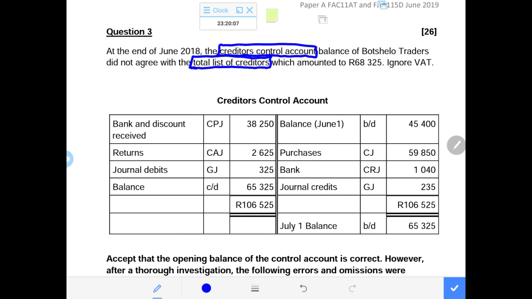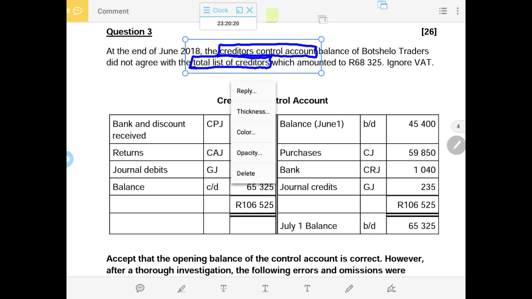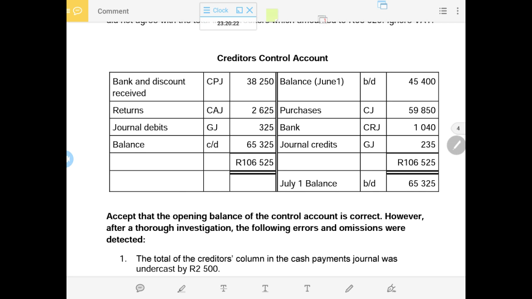There are recordings that you'll see where I have a creditors reconciliation statement, but here we are reconciling the list of creditors with the creditors control account. The two must always reconcile at the end of the period.